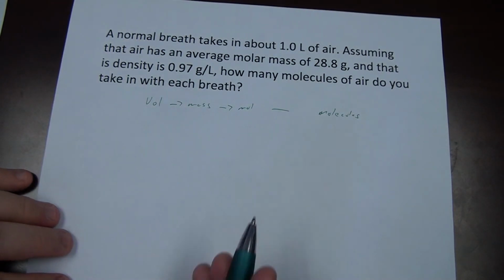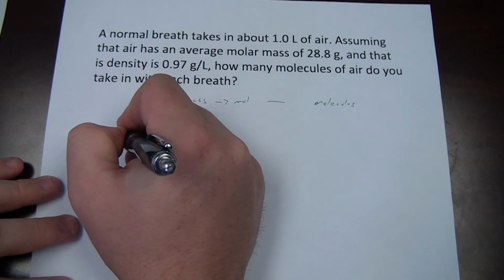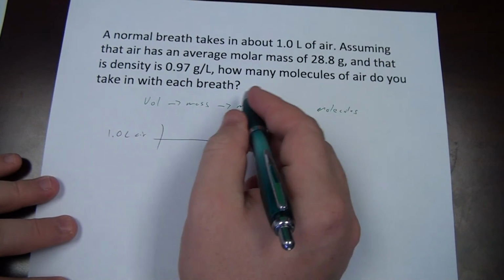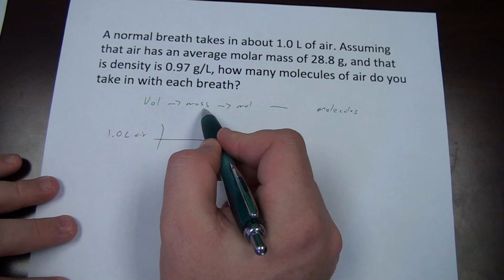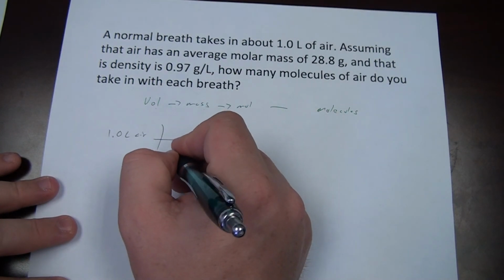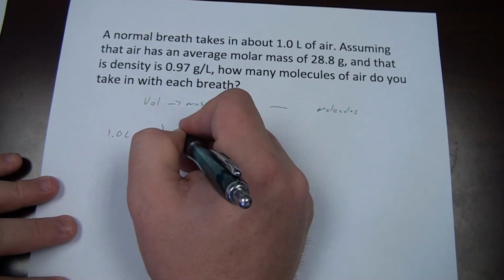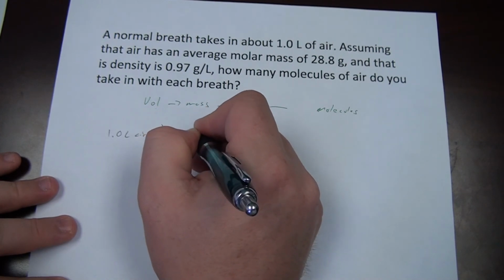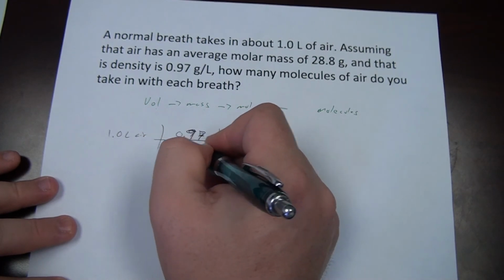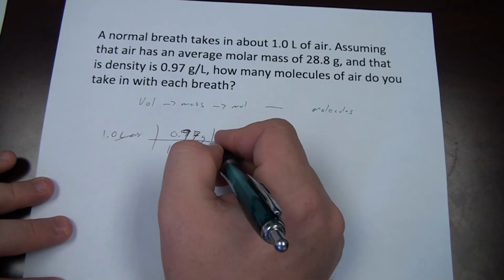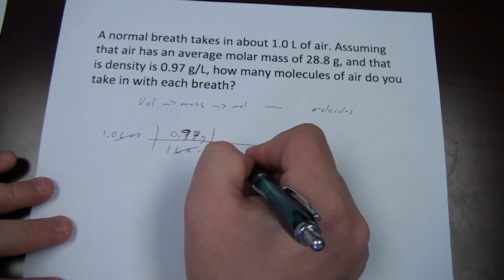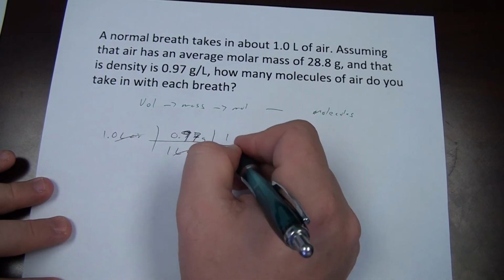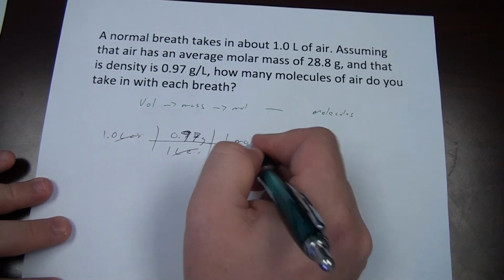So 1.0 liters of air, volume to mass, we use the density. So for every 1 liter of air, it weighs 0.797 grams. Mass to moles, using the molar mass of air, was 28.8 grams.